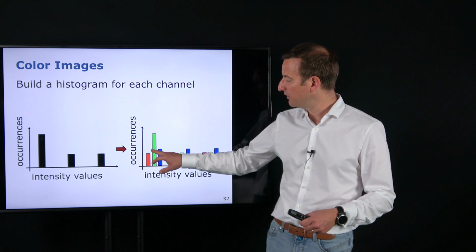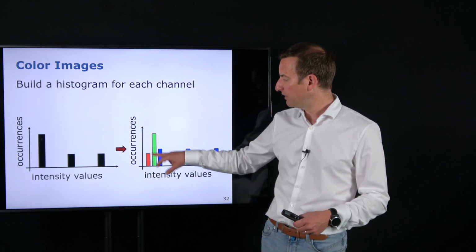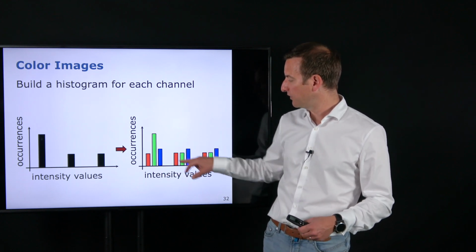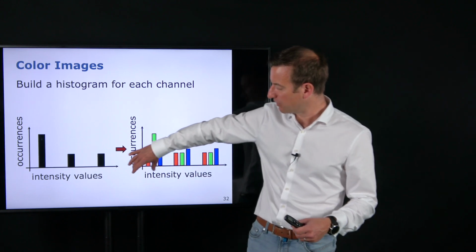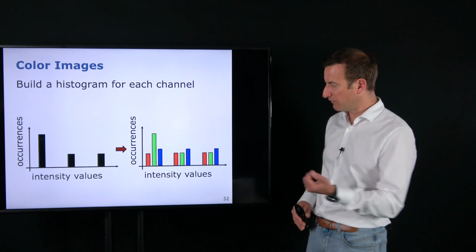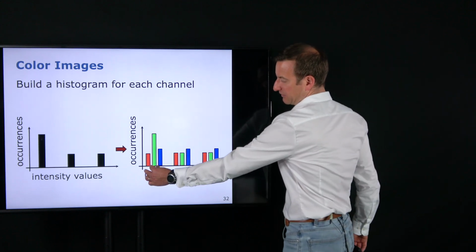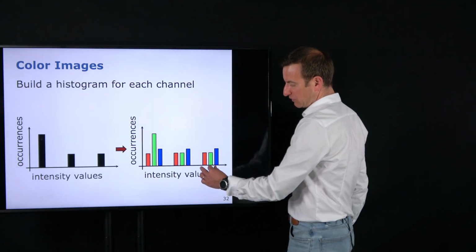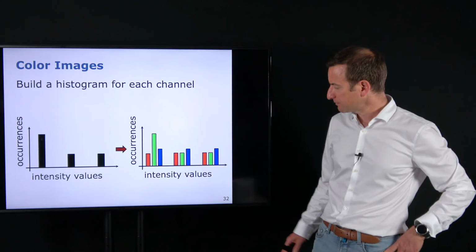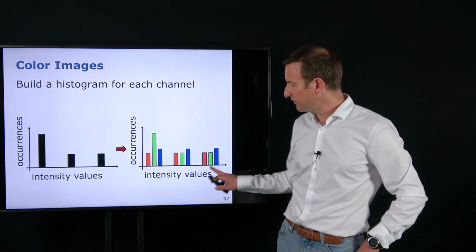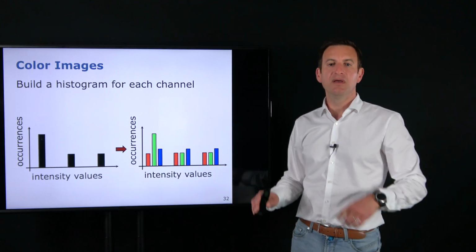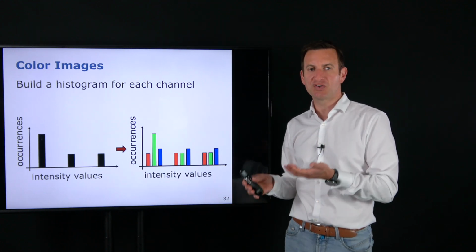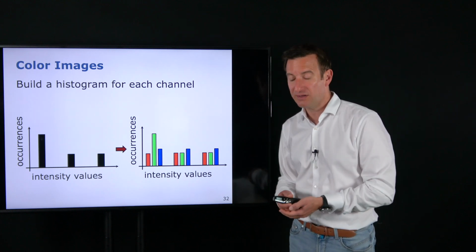So we can have one histogram for red, one histogram for green, and one histogram for blue, just kind of plotted here together onto one value for always RGB intensity value 0, 128, 255, for example. And this basically turns a single histogram into 3 histograms. And then, of course, I can also do manipulations with the individual intensity color channels.